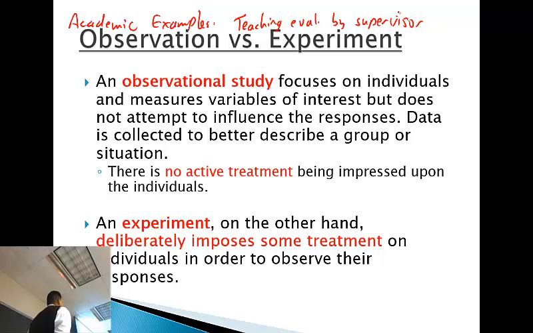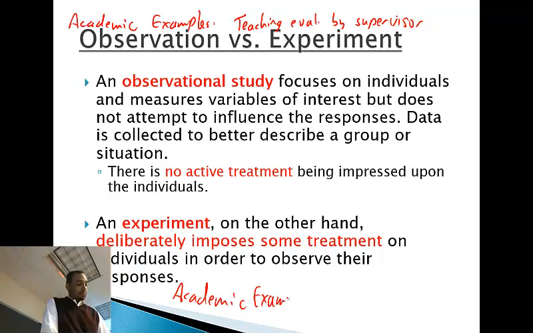In the experiment, on the other hand, you're going to actually impose some kind of treatment, some kind of idea. Not necessarily always medicinal or health related, where you're going to inject someone with something. A treatment could be some kind of new model. So again, the academic example would be group A gets a review sheet for midterm 1.